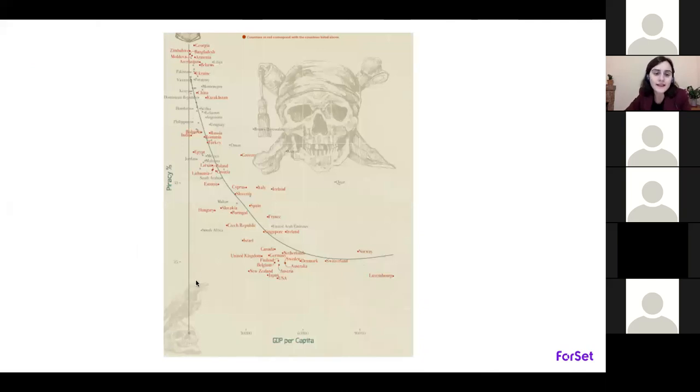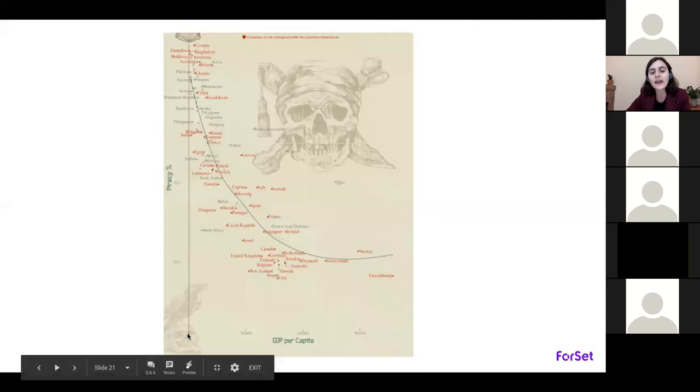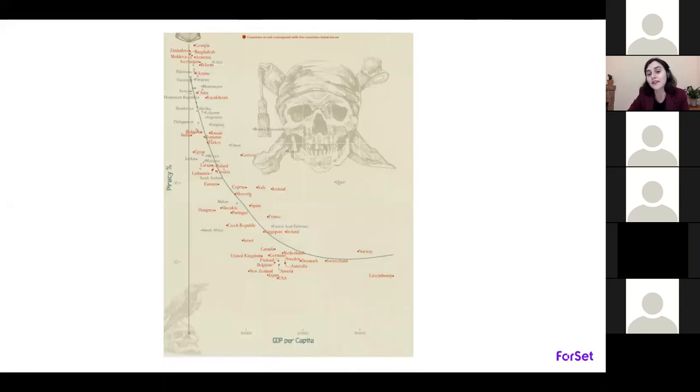The y-axis is showing the piracy percentage, which is what percent of all software used in each country is not legal, and on the x-axis we have GDP per capita. A few years ago, a new report was released showing that Georgia was in one of the leading positions of piracy, and we wanted to see if there was some kind of correlation with GDP.